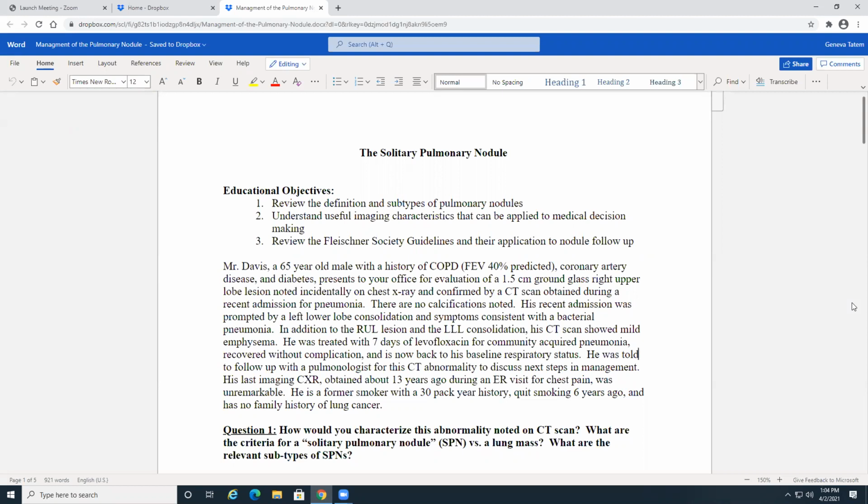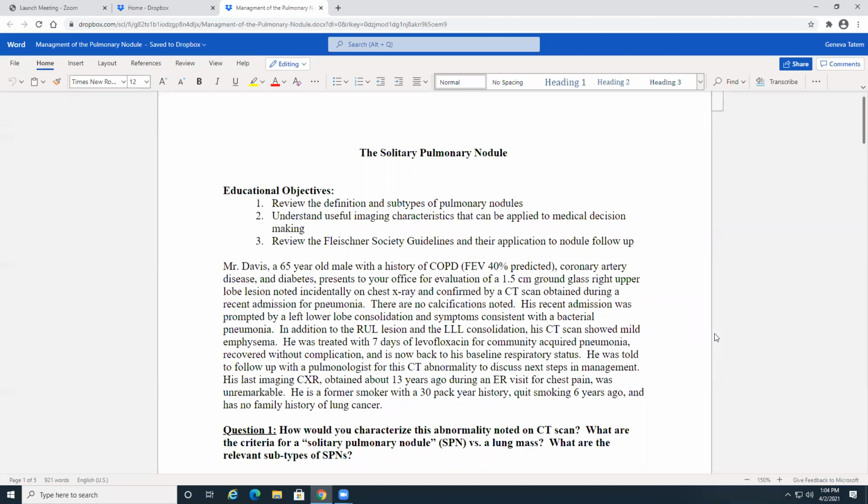He is a former smoker with a 30-pack year history, and he quit smoking 6 years ago and has no family history of lung cancer. So he probably should have gotten CT scanning through lung cancer screening guidelines, but that's not the scope of this question. So we have a number of questions that we're going to go through to kind of help you do some medical decision making for this patient.